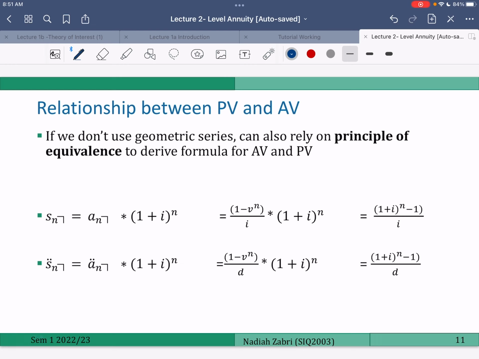Alright. So if we don't use geometric series, we already know the formula for A angle N and A double dot angle N. I hope you remember this already by now.